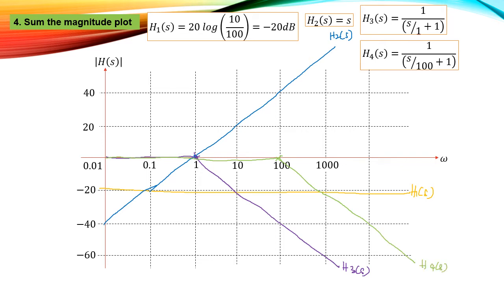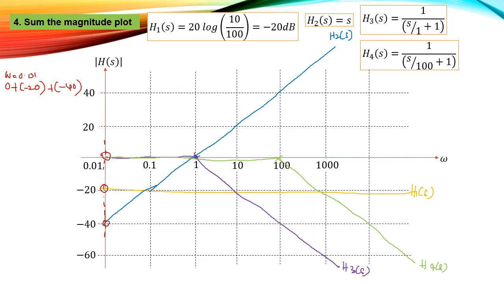So in order to sum them up, you need to look at point by point and total the magnitude of the component crossing at the same omega. Okay, look at the first one. At omega equal to 0.01, you have 0 plus the yellow one plus negative 20, and then plus the blue line negative 40.